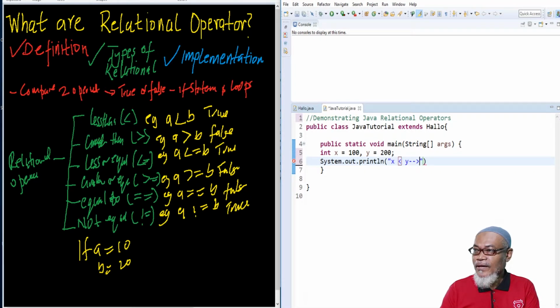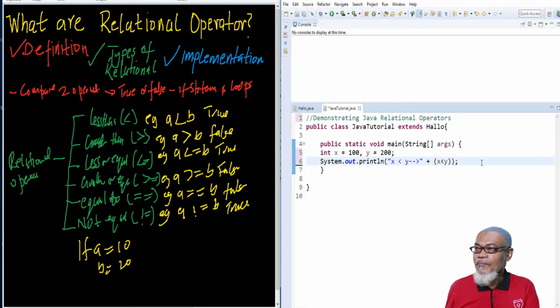So if x is less than y, it should imply what? We can just say it implies x less than y, and then we terminate this statement.